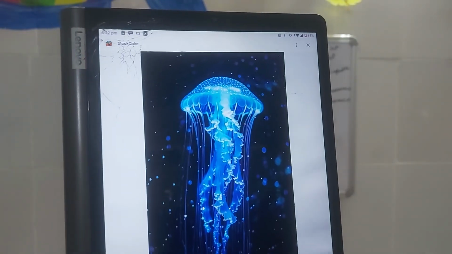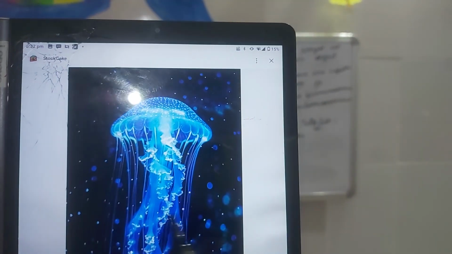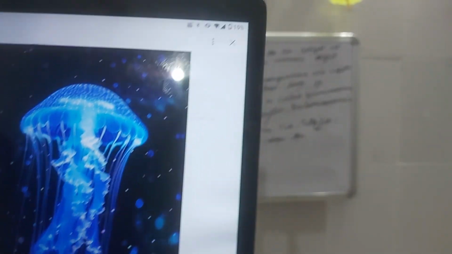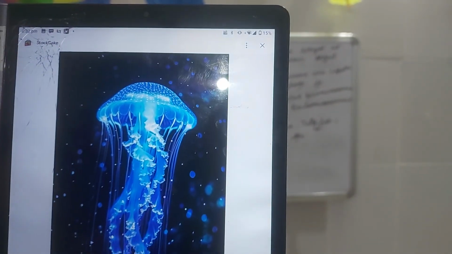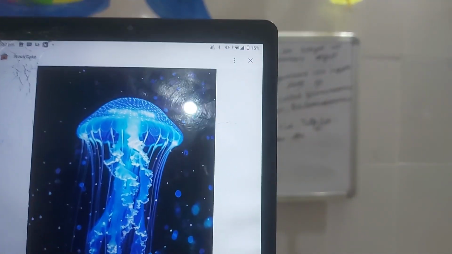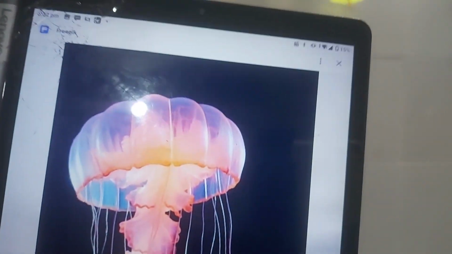See this part, they have so much light. They also have this chemical bioluminescence.